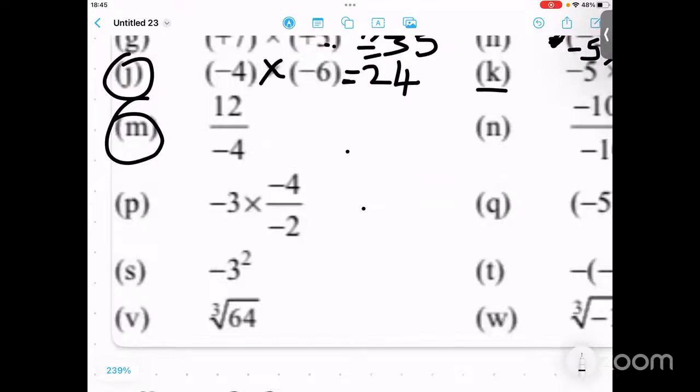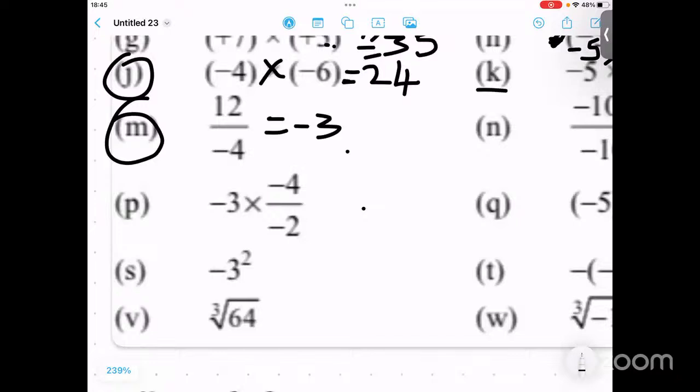And let's look at M. We have a 12 divided by -4. Ke Lebohile. Ma'am, I think it's -3. -3. And why do you think it's a -3?